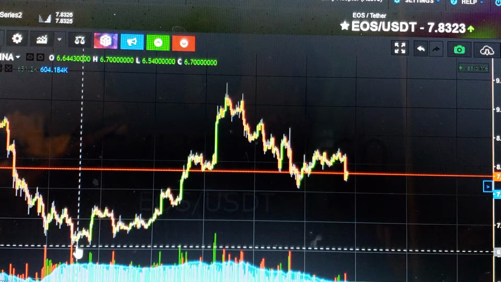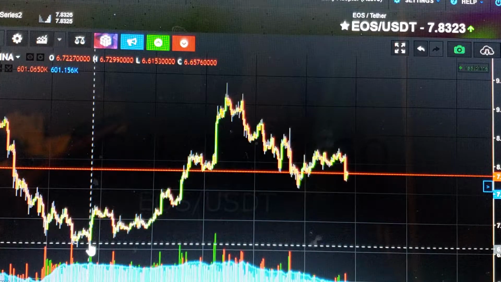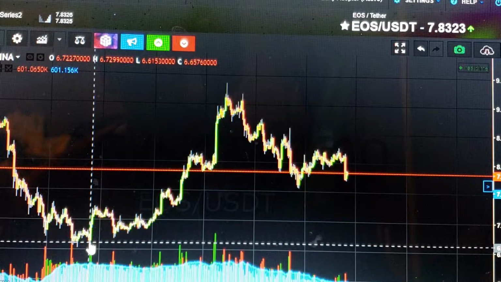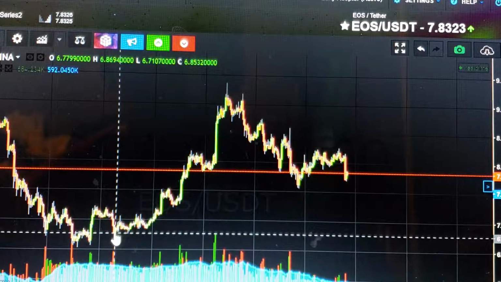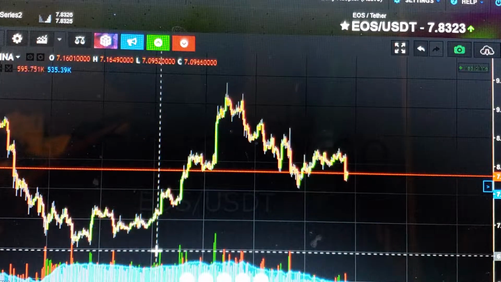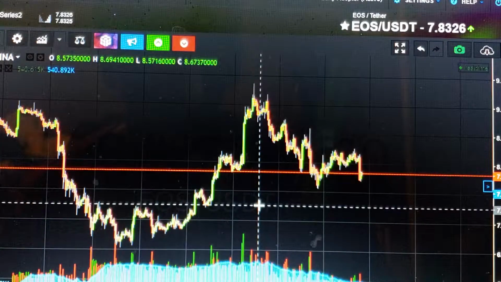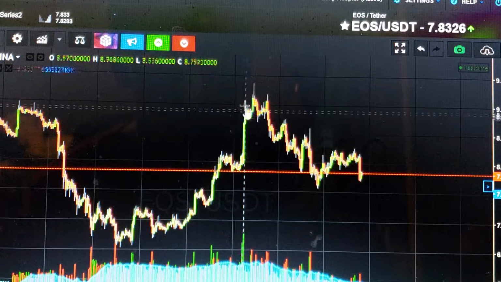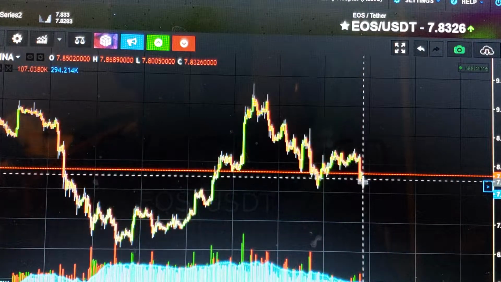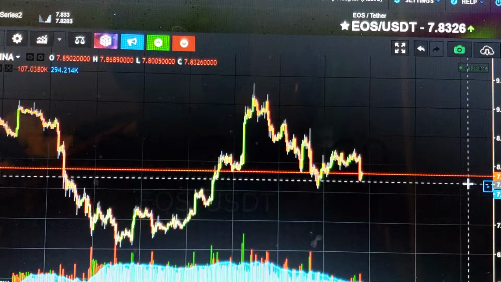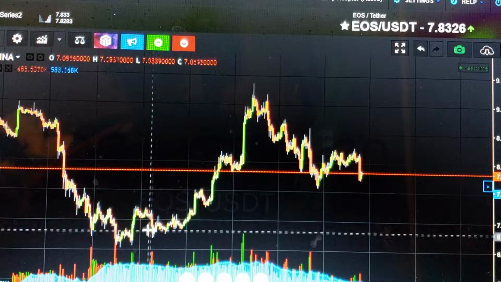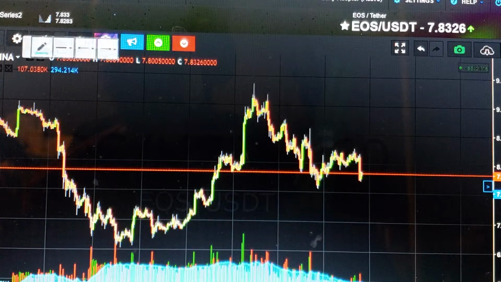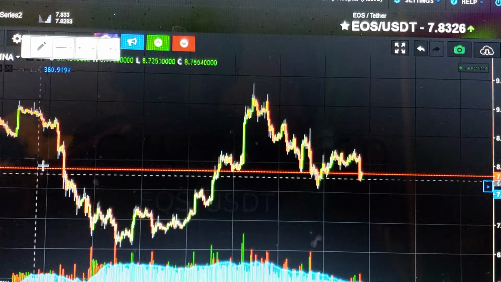Low 6.54, 6.61, 6.70. So if that 6-day pattern continues, and we kind of came up, came back down, so we should be on this swing of it, which means any place, because this is the pattern that we just showed.